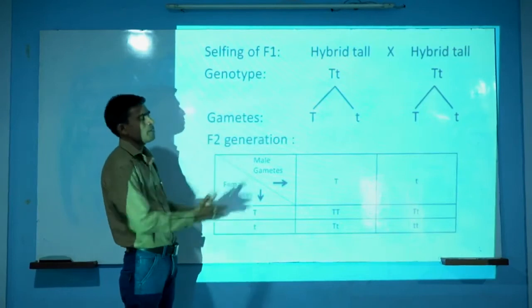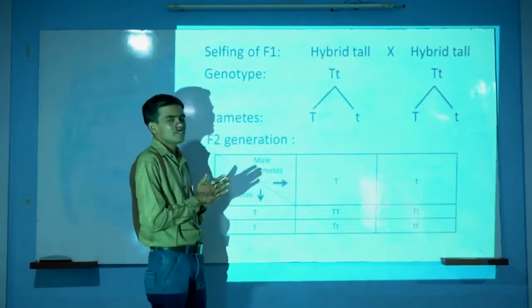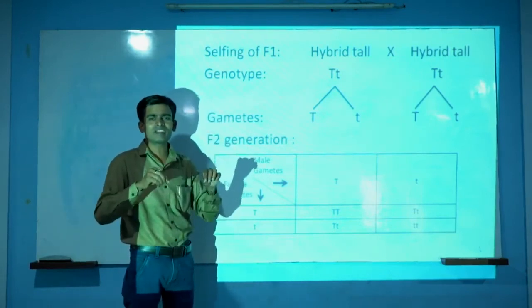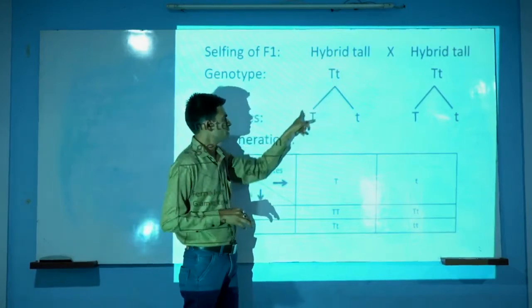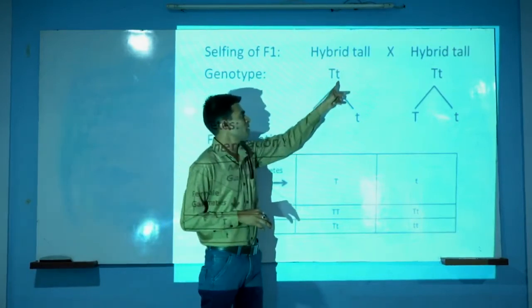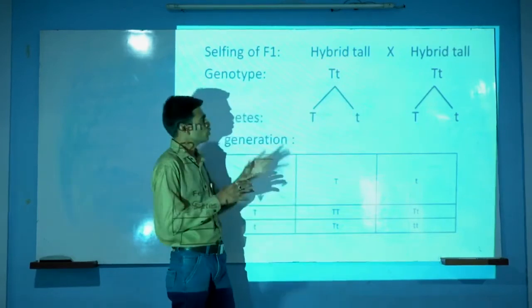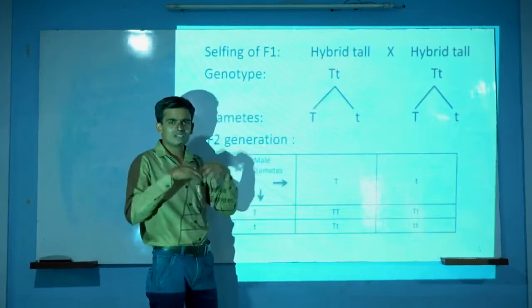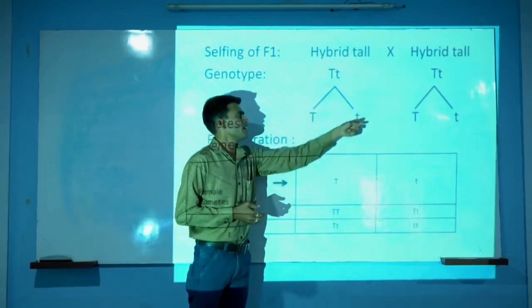Then these plants produce gametes during gametogenesis, and we know these factors or alleles enter the gametes separately. This capital T enters one gamete, and small t enters another gamete. Because these alleles are dissimilar, they produce two types of gametes, capital T and small t.